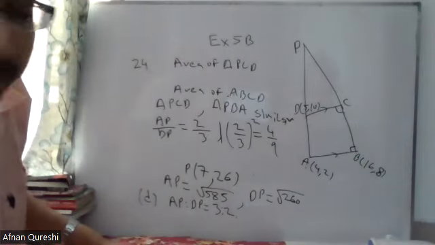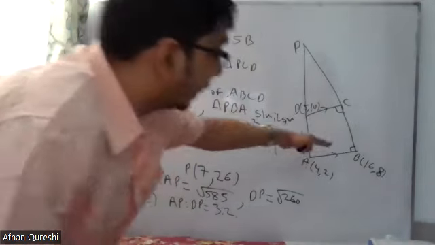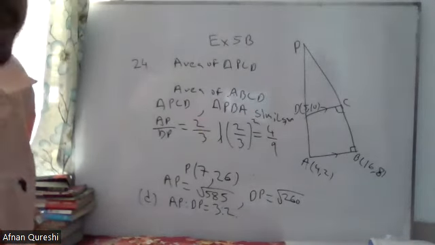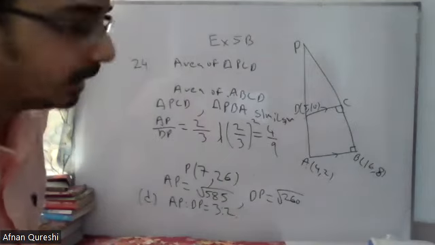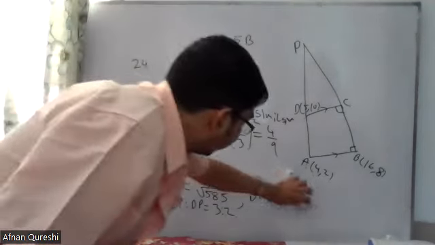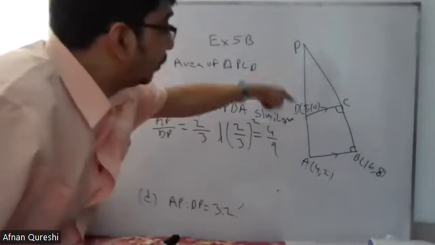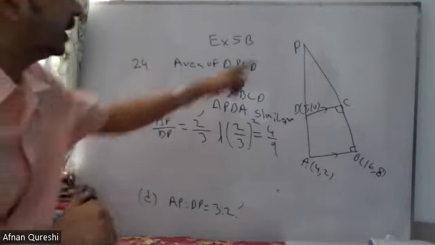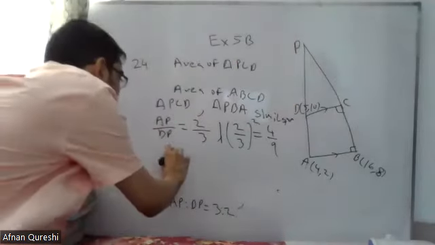Since they're similar triangles, because these two sides are parallel, the ratio of the areas is going to be 4/9. So what happens here now? If the ratio of the smaller triangle to the larger triangle is 4/9, then let's say the area of the smaller triangle is 4x.